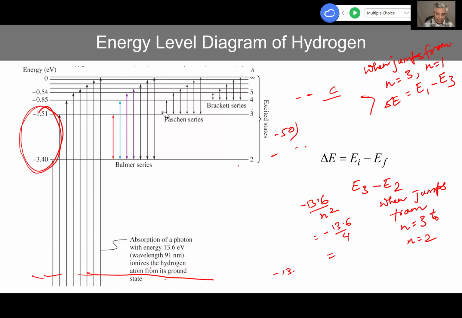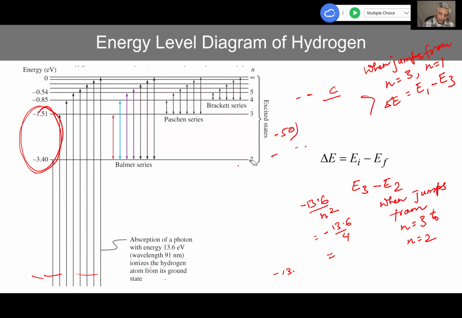Isn't that nice? And there is this big gap here. When it goes all the way down to the ground state, that's when it emits the most energetic light, and that is going to be ultraviolet. So when they are jumping from here all the way down to the ground state, let's say directly, in that situation it emits ultraviolet. The ones that jump to the second level first generate the visible colors.